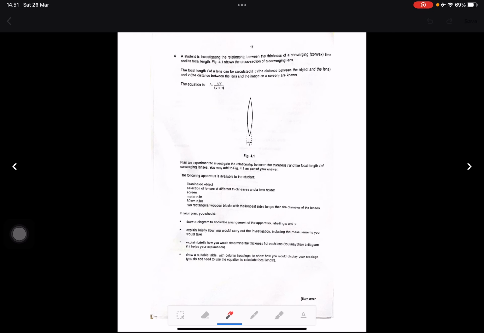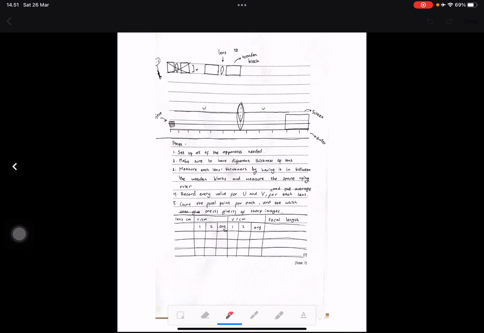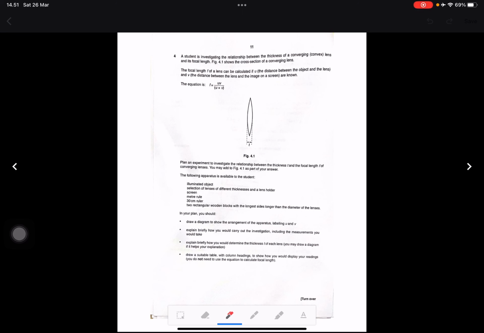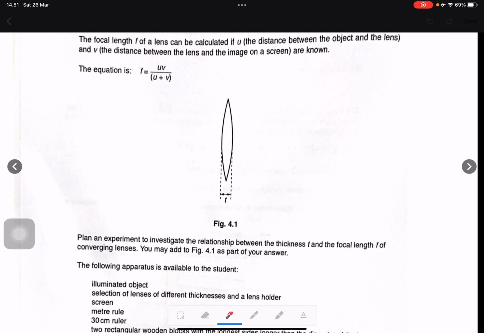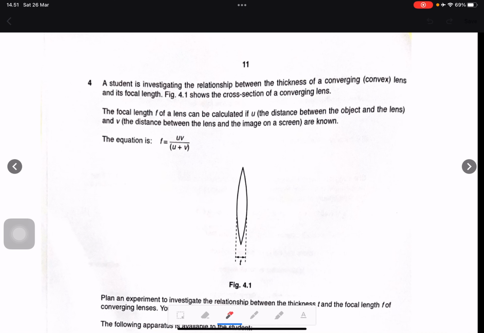Next. Okay, read the question first. A student is investigating the relationship between the thickness of a converging convex lens and its focal length.